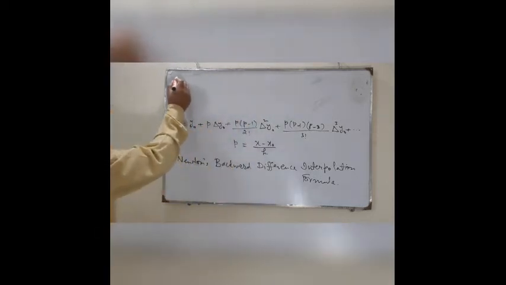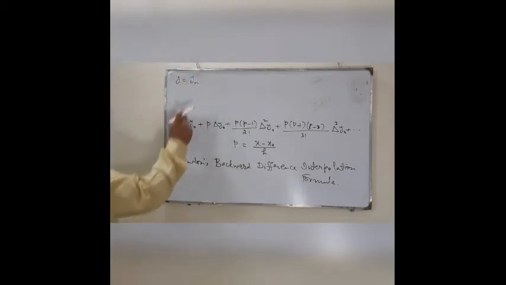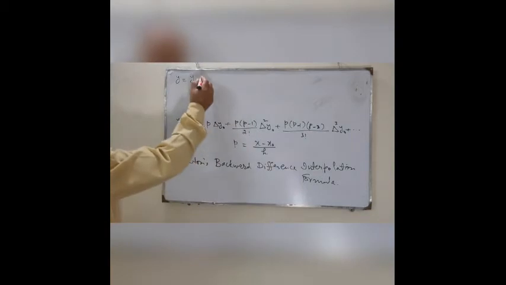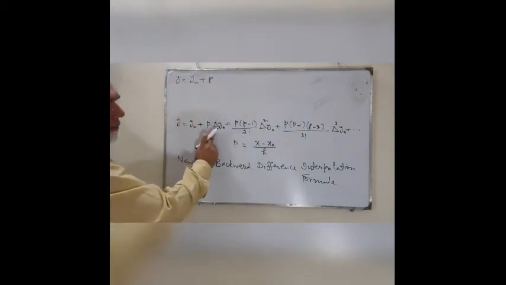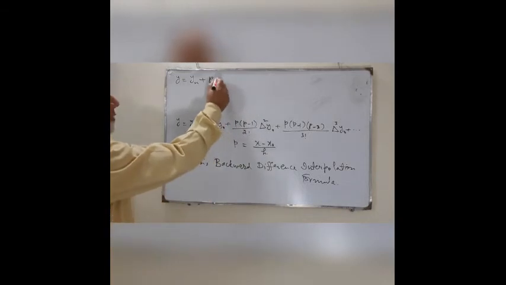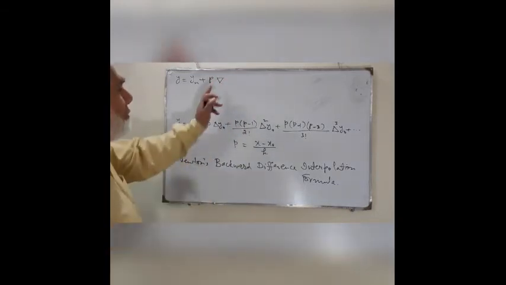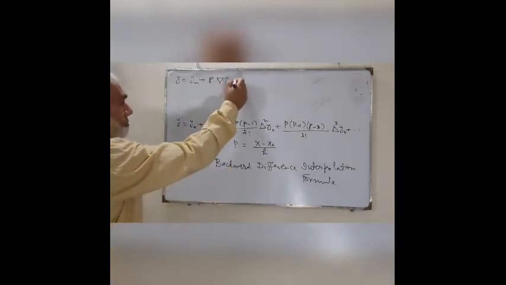Okay, so note it down. Here we write y equals yn. All the y0 will be replaced by yn, the first change, plus p into delta. All the forward differences will be replaced by backward differences, and those, if you remember from studying the operator, we have shown by nabla. So nabla yn.